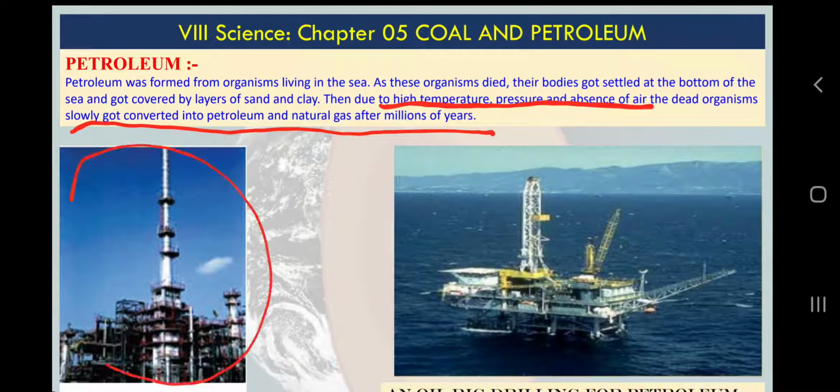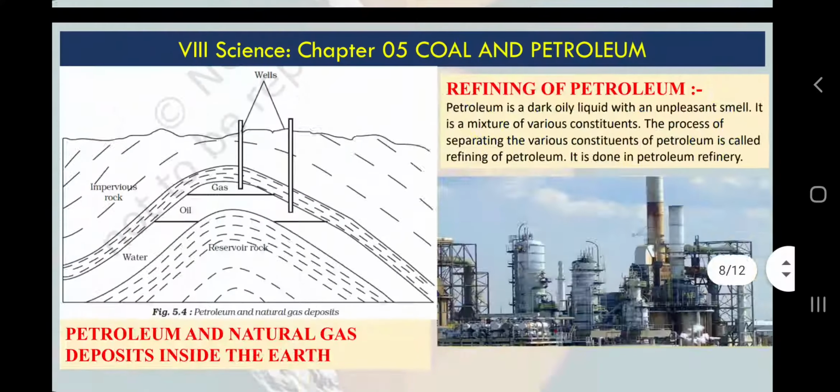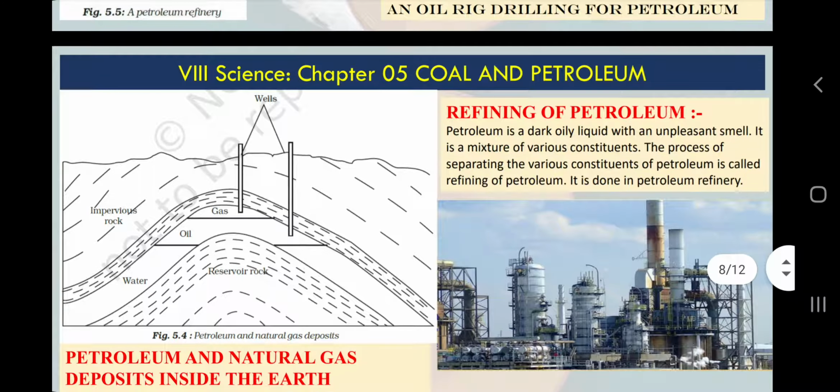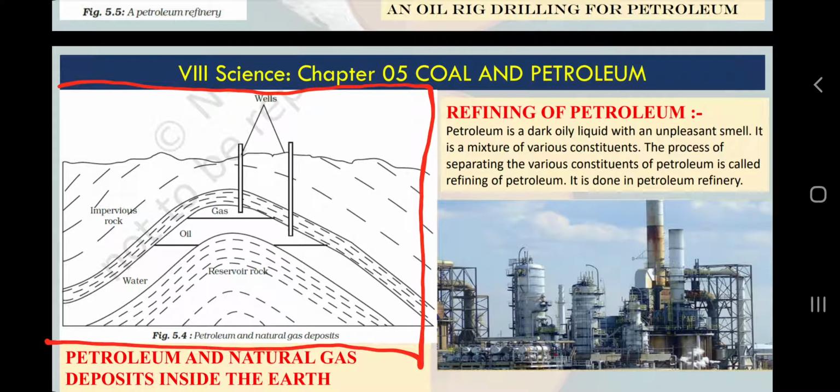This is the petroleum refinery, again given in the NCERT textbook. Again, one more clearer image. Then in my next slide, a very good sketch from our NCERT. This will help you understand the formation of petroleum, and where we find it.